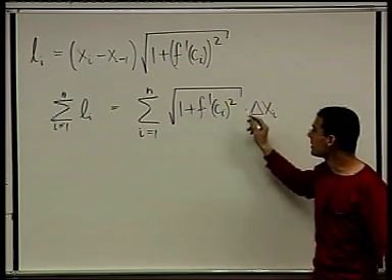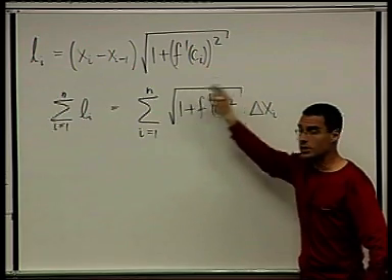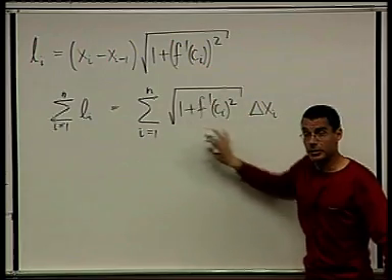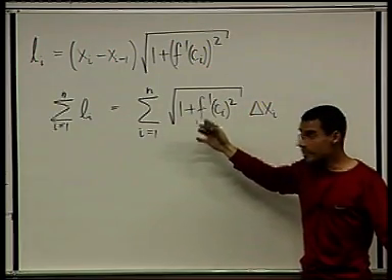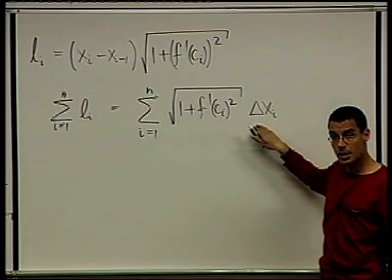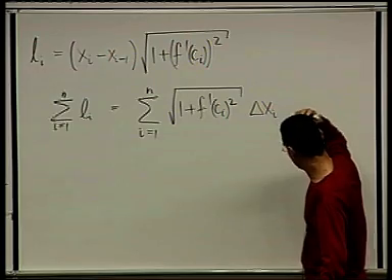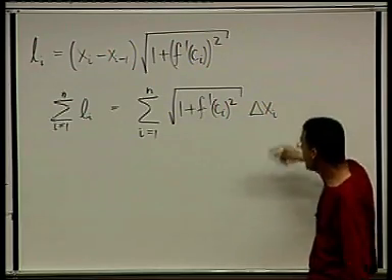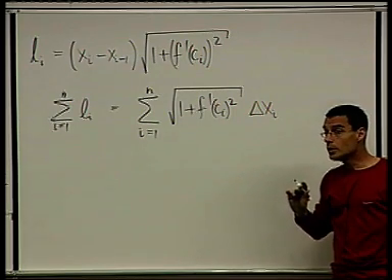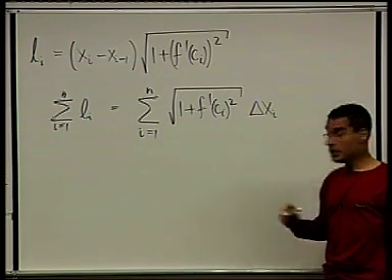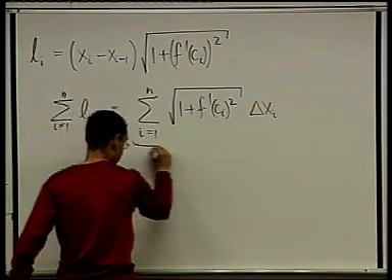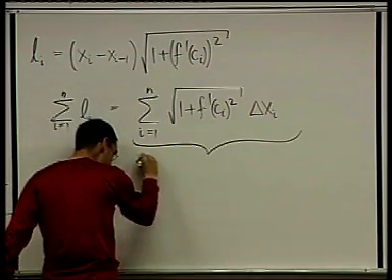For it to be a Riemann sum, what would we expect to see here? Just f of ci, right? A Riemann sum was the sum of f of ci delta xi. Remember those were the Riemann sums? Here we don't have f of ci, we have the root of 1 plus f prime of ci squared. No, that is a function. This thing, so let me write this. This is a Riemann sum.